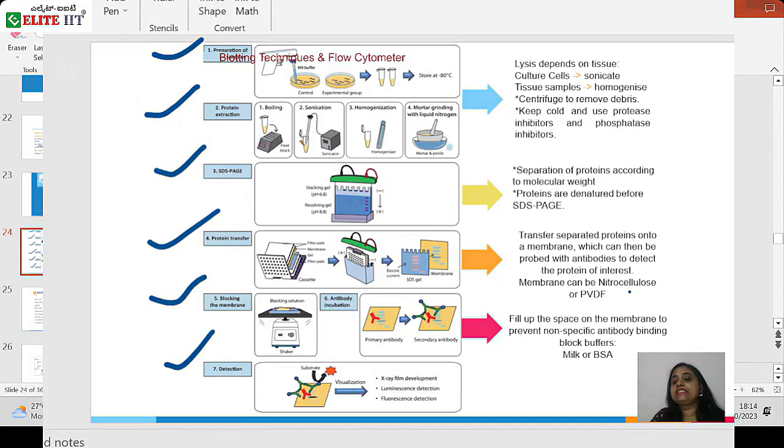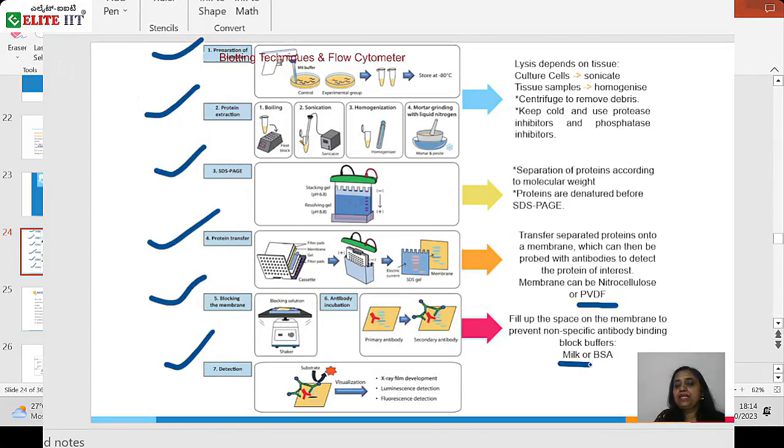In this case, nitrocellulose membrane is used as well as PVDF membrane. Polyvinylidene difluoride is PVDF. This membrane is mostly utilized for protein separation. Protein transfer, clear?